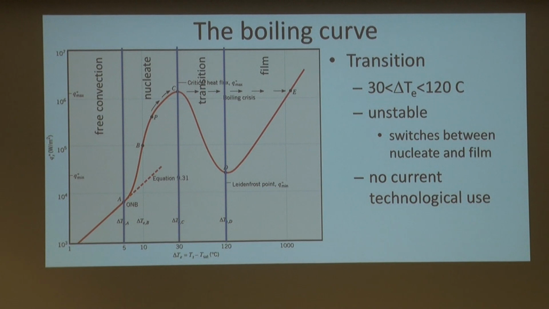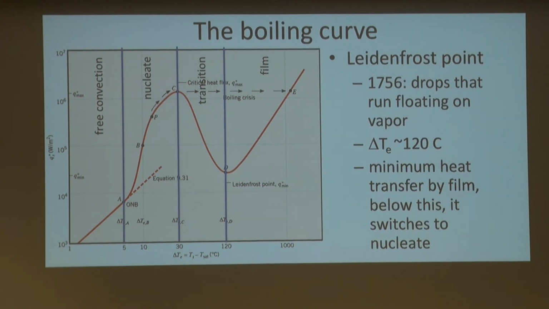The book doesn't say, I've never seen any technological use for that part of the curve. Okay, so you have switches between nucleate bubbles and film, right? So I'm going quick over this part going down, which is a fact of life, but not really used.